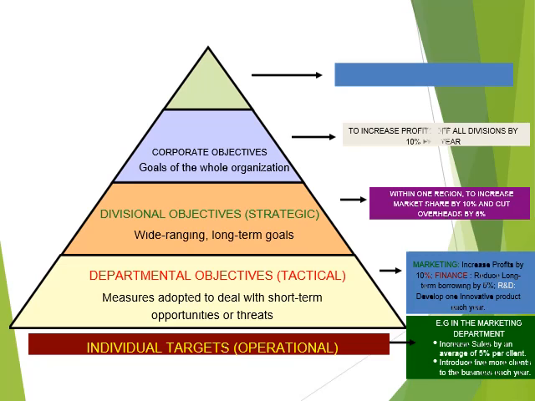For example, to increase profit of all divisions by 10% per year. This is, I think, the main goal of the organization. And the final aim is decided. For example, remain committed to the interest of our shareholders.